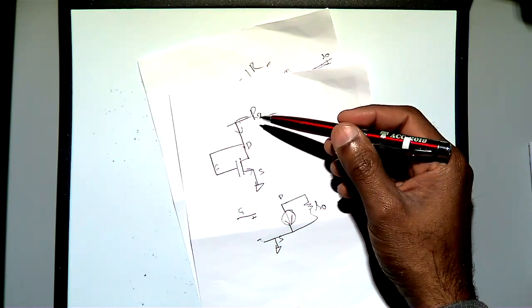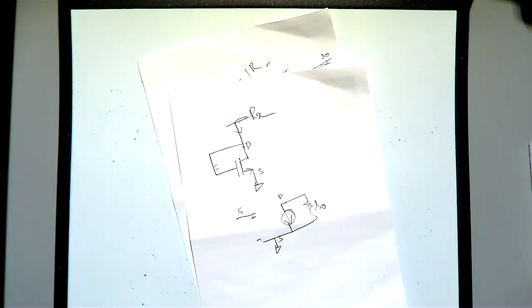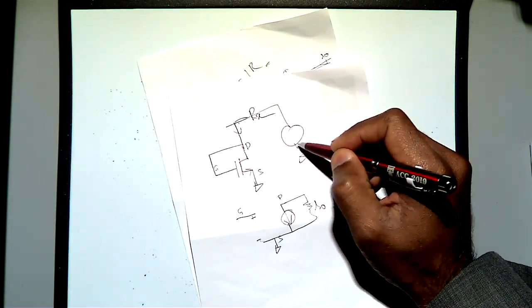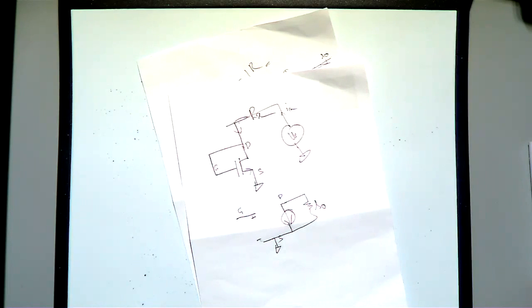Then if I want to find out the impedance, what is the rule? If I want to find the impedance at Rx, that is the output drain, what is the rule? Apply a test voltage source here, and if your input is open, you ground it.